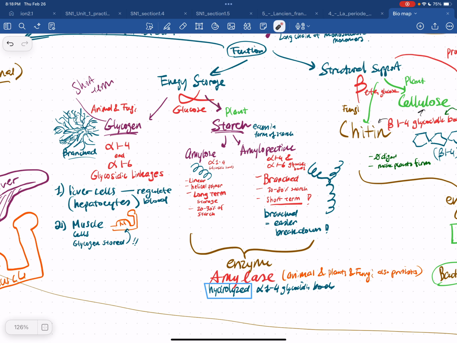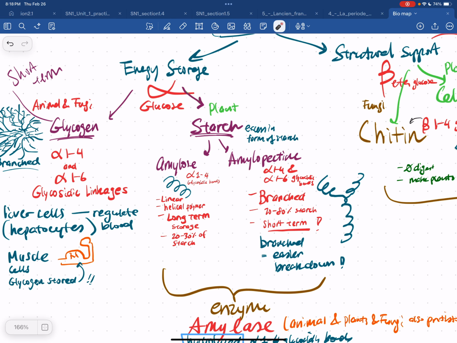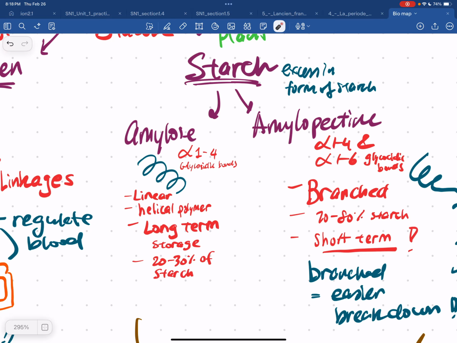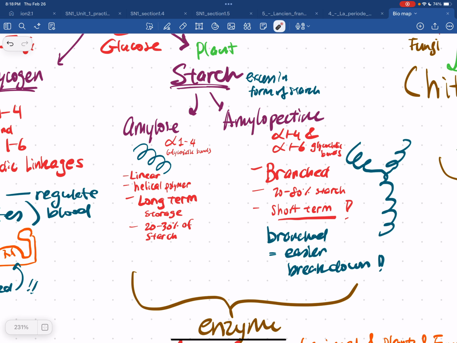Now, for structure support, actually no, I still have to talk about starch. So starch has amylose and amylopectin. Amylose is 1,4 and amylopectin is 1,4 and 1,6 glycosidic bonds, and amylose is linear. They are homopolymers for long-term storage.